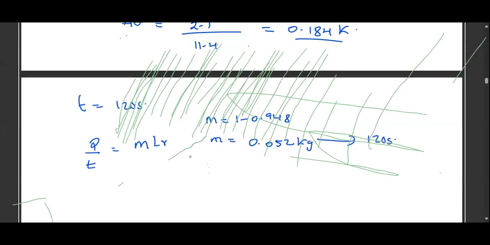But now this mass here evaporated in 120 seconds. So we can find the mass that evaporates per second by saying 0.052 divided by time.